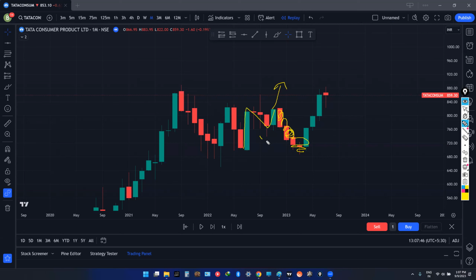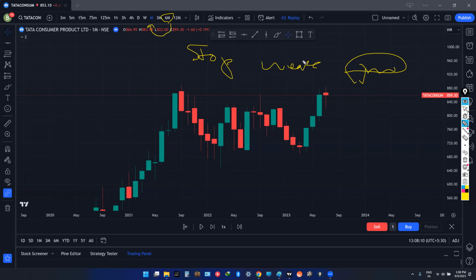People who would have kept their stop loss here, their stop loss would have been hit. They would have exited, given the loss. And people who would have kept their stop losses here, that was also almost hit. They would have also exited. So the moment we came down from half yearly to monthly, our stop losses become weak for investment.